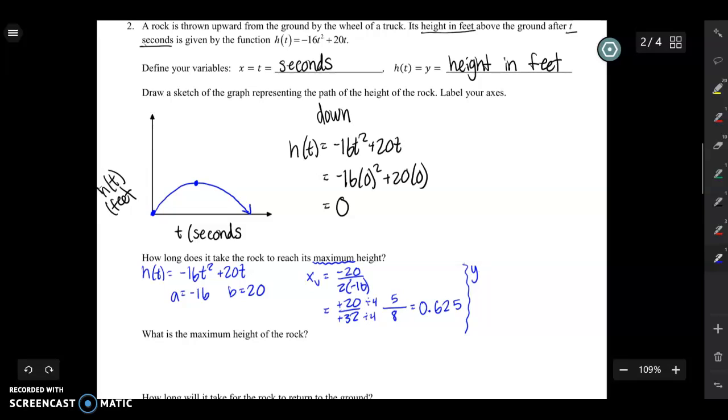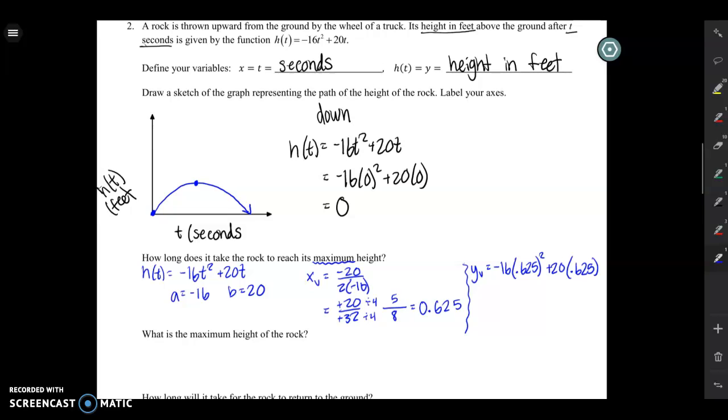Now I'm going to find my y value. To find the y value of my vertex, I go back to the original equation and I plug in the x value of my vertex. I'm just switching out all the t's for 0.625. This is when I want to use my calculator to simplify this. Story problems are not going to be the nice, pretty numbers that we usually give you on your assignments.